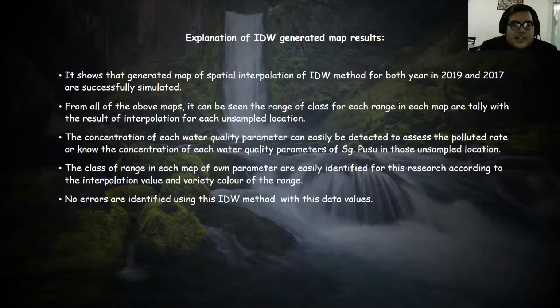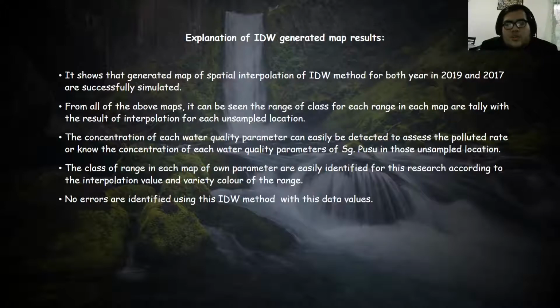So for the explanation of this IDW generated map result, it shows that the generated maps of spatial interpolation by the IDW method for both years, 2019 and 2017, are successfully simulated.